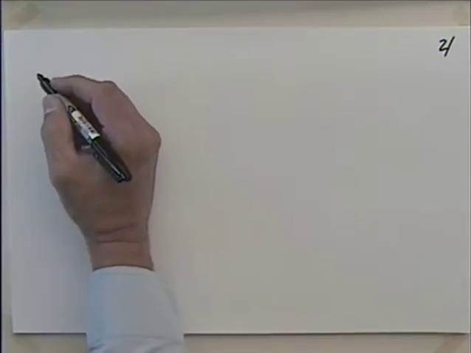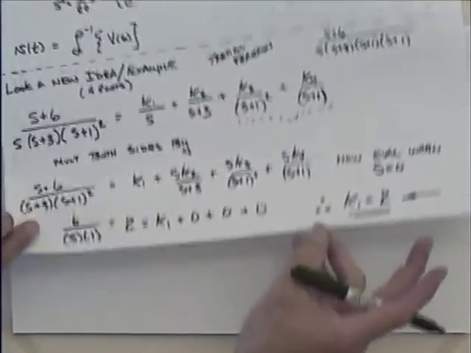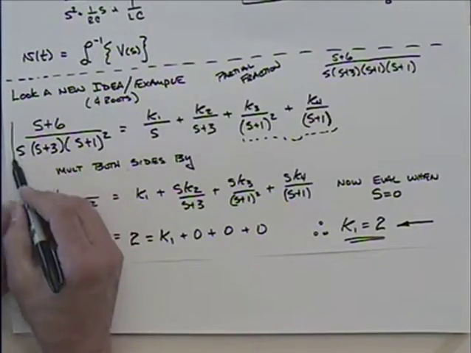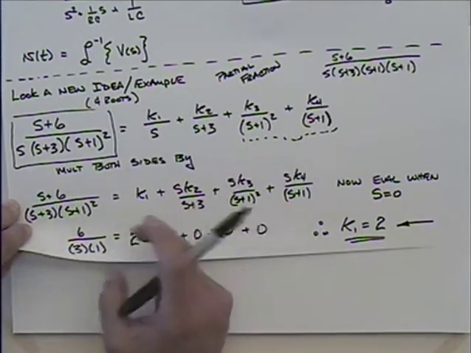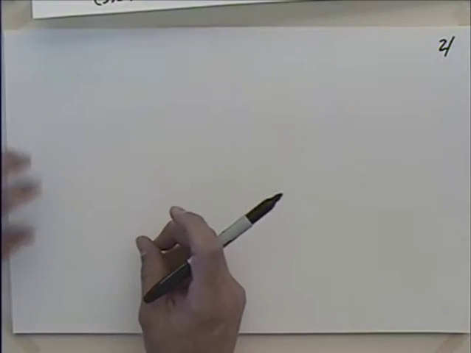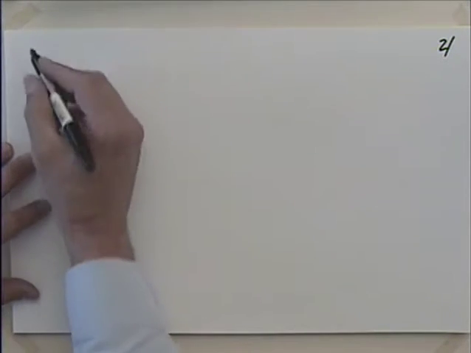So now I'm going to take this original expression again, right here, and I'm going to multiply both sides by s plus 3.